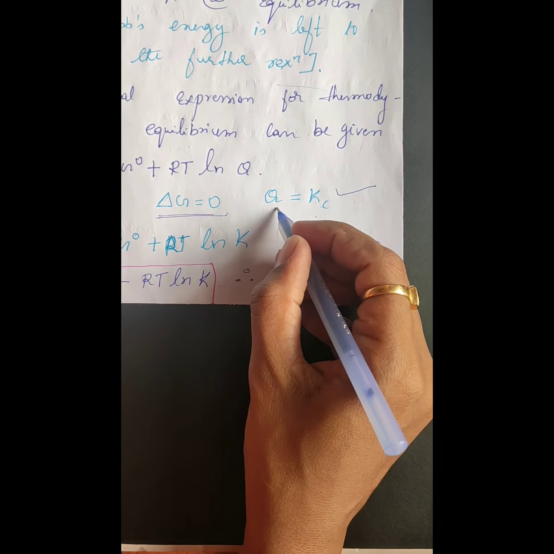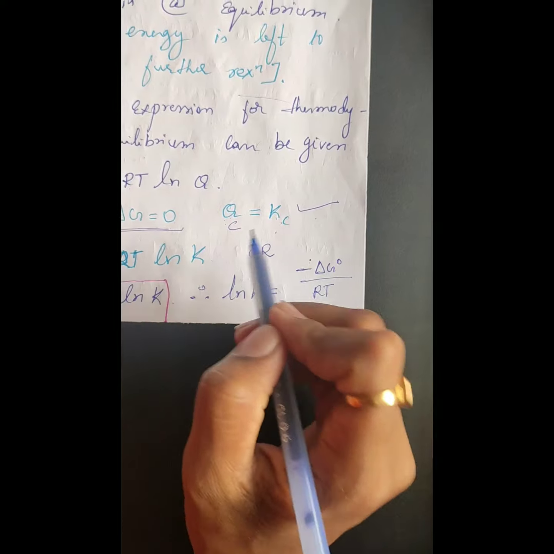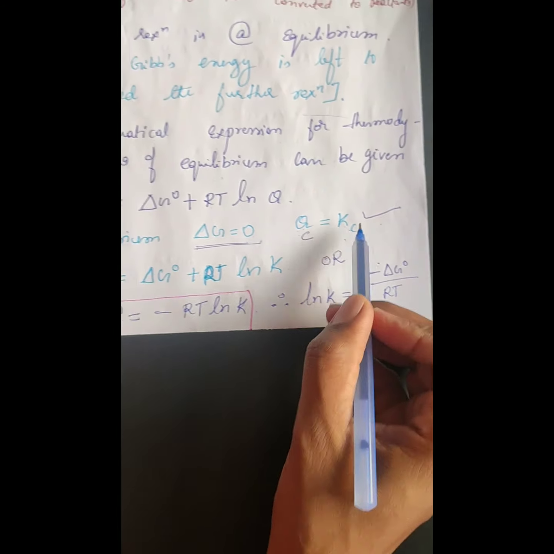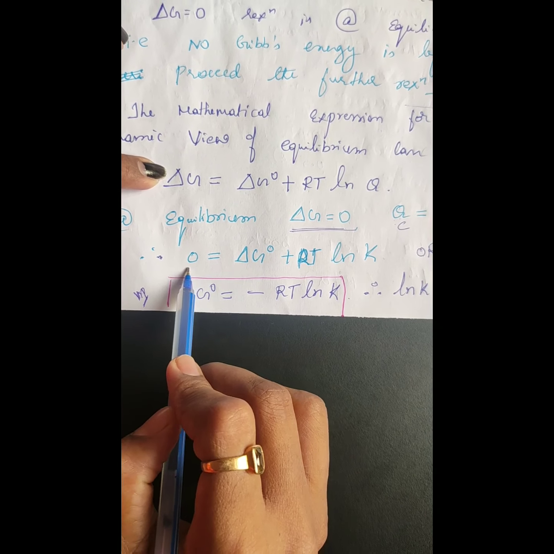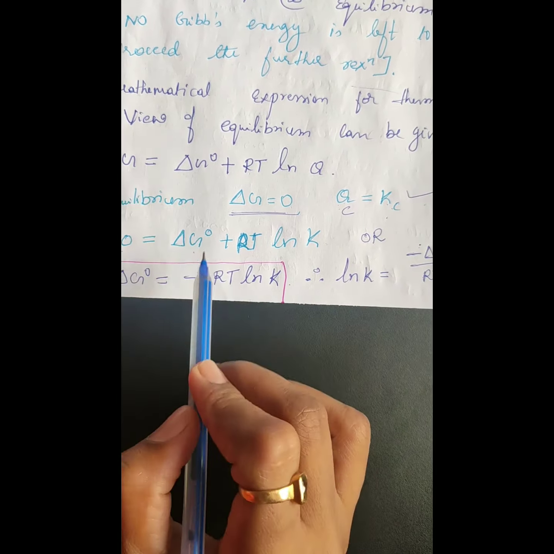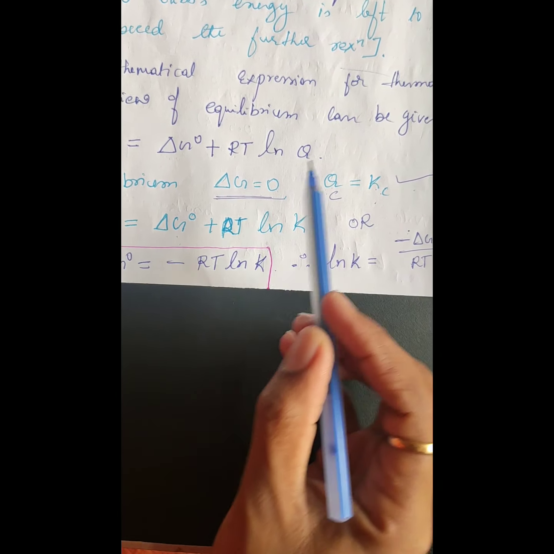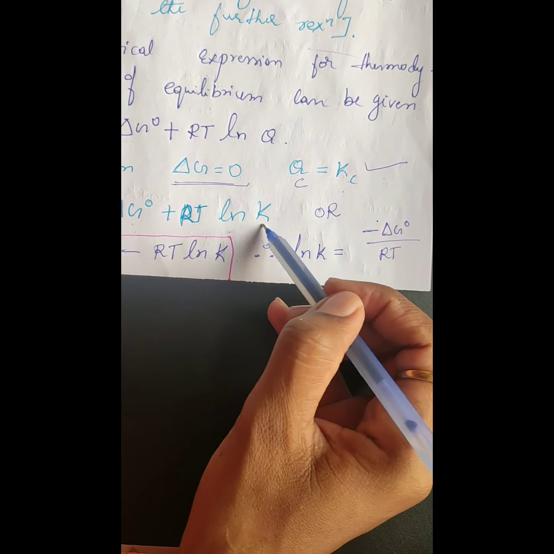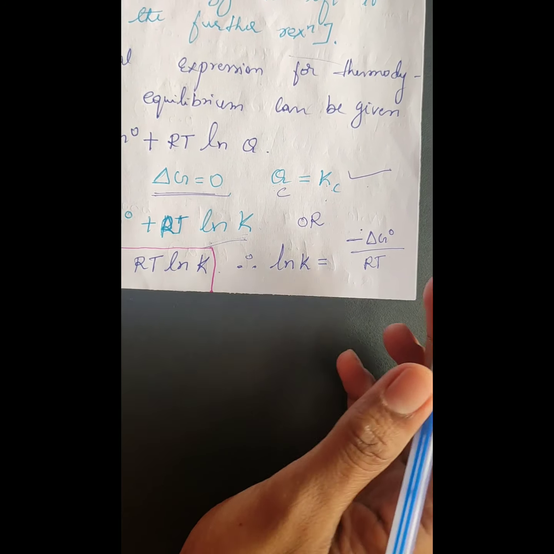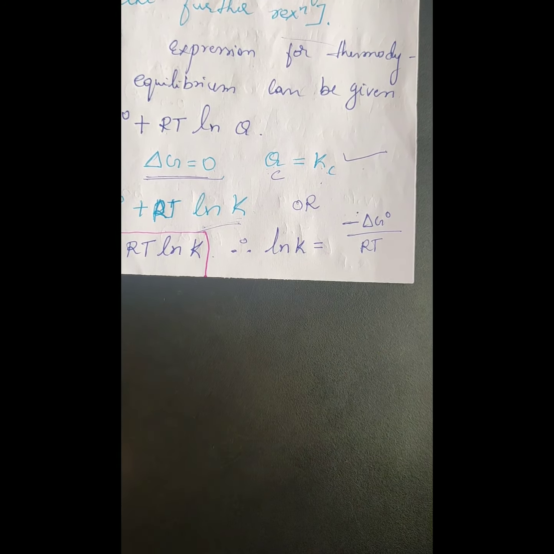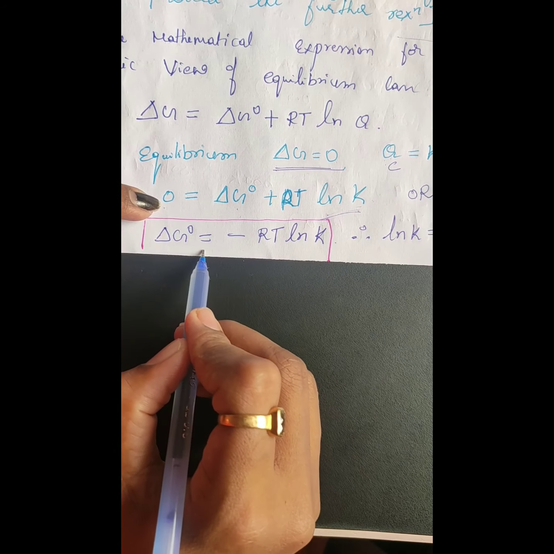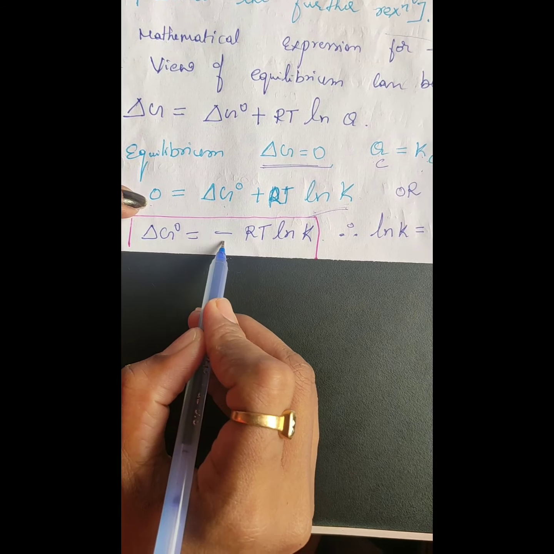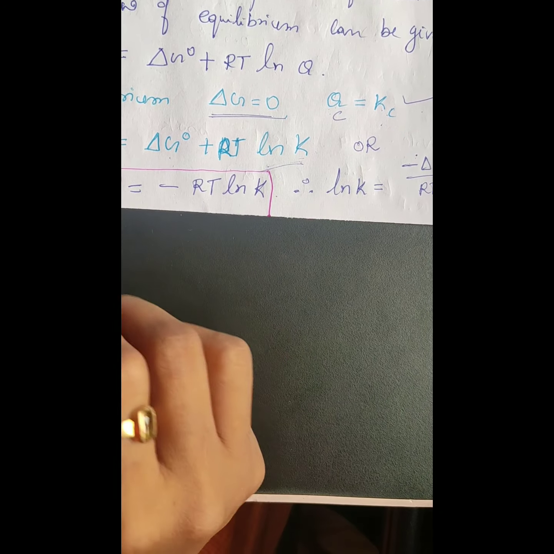Either you can say Qc becomes equal to Kc or Q becomes equal to K. Just substitute that in the above expression. So delta G value 0 equals delta G naught as such, RT as such, and ln Q can be converted into ln K, that is at equilibrium. Since delta G is 0, rearranging, delta G naught equals minus RT ln K.